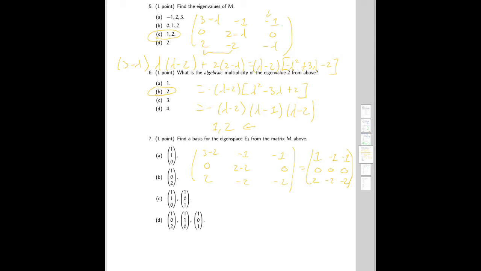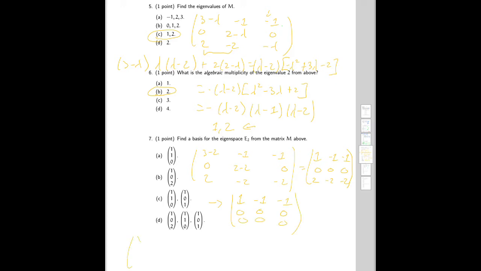Okay, well, following the algorithm in the notes, we would swap the second and third row. But notice that if we do row 3 equals row 3 minus 2 row 2, that's also going to be a 0. So when we row reduce, this is 1, minus 1, minus 1; 0, 0, 0; 0, 0, 0.